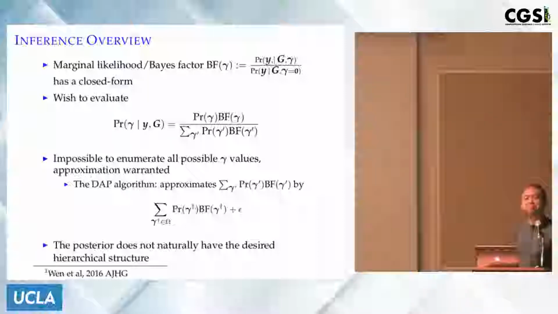But it's impossible. The key difficulty is that you are not able to enumerate all possible gamma values. If you think about p, the number of possibilities of gamma is 2 to the p, and it gets ugly very, very fast. We're dealing with a problem for eQTL mapping.